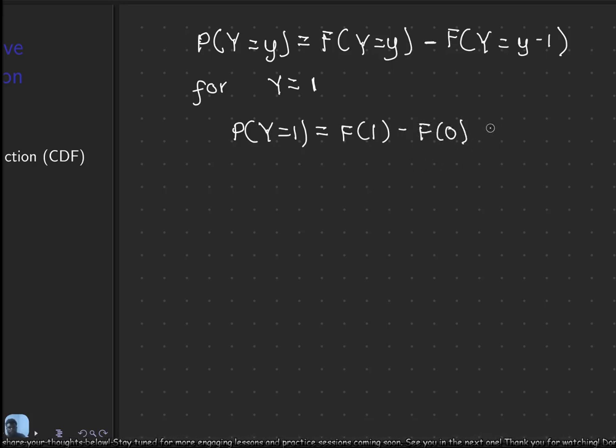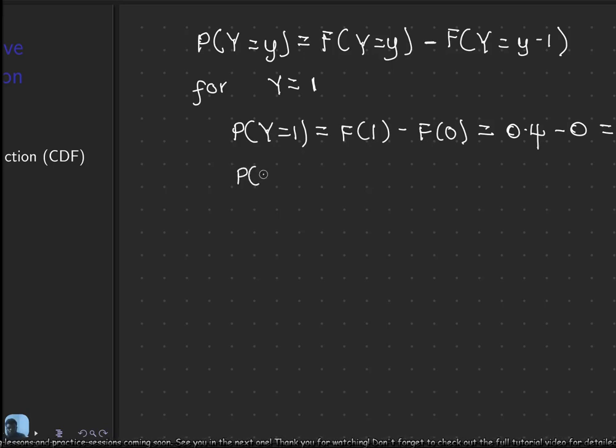From our table, F of 1 was 0.4, but we weren't given F of 0, so we assume it's 0. Anything outside the range given in the table is always 0. So minus 0, and that gives us 0.4. So we have gotten our first probability mass value, P of 1.